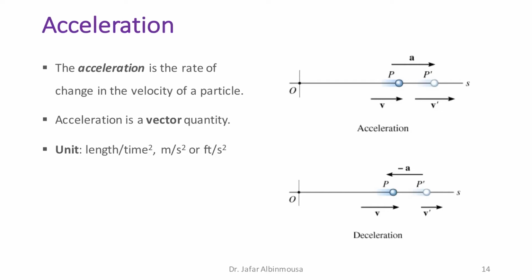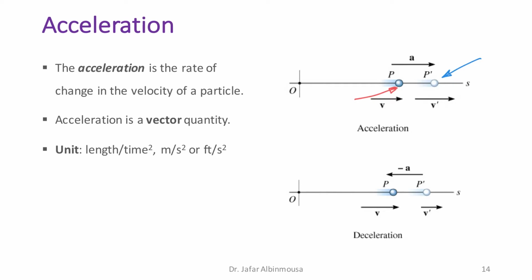Now, if you look here, again, the particle is at this position P, and then it moved to position P prime. If we were to measure the velocity at position P, the velocity has a direction, which is to the right hand side, and a magnitude represented by the length of this arrow.